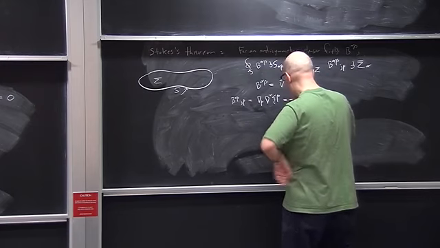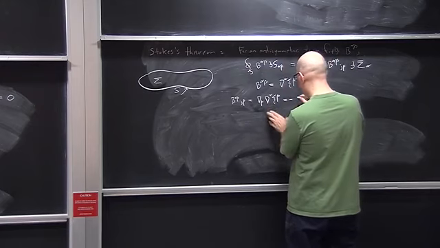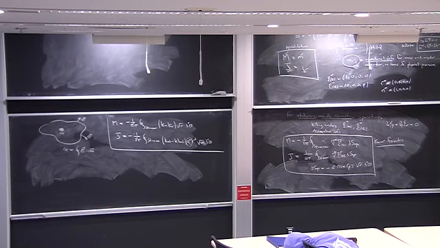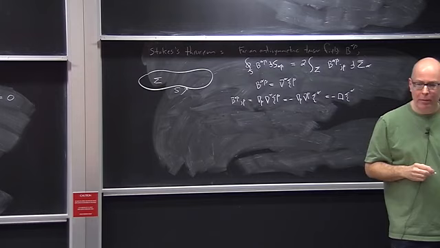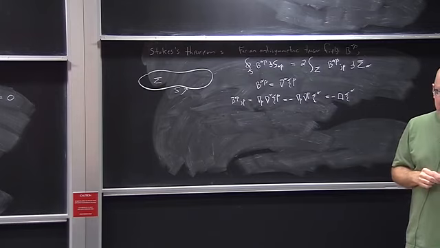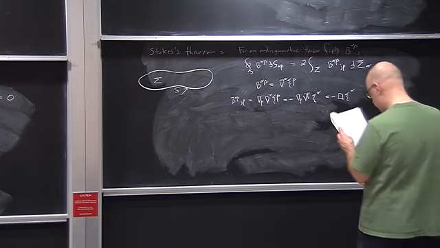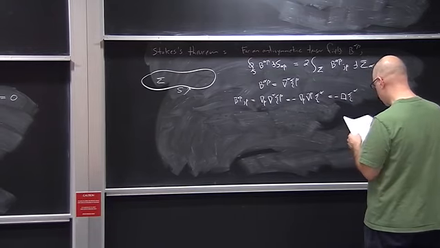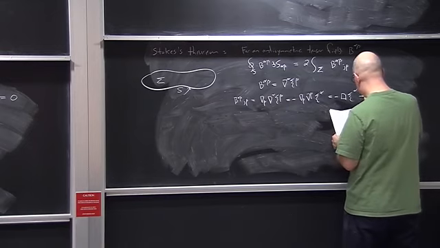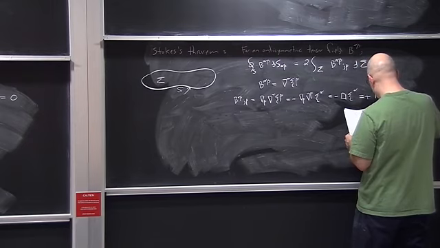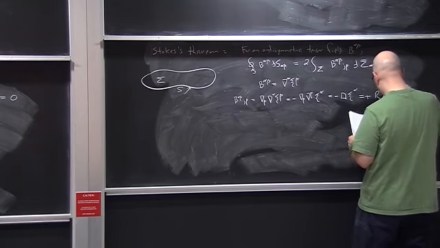I can change the ordering of indices here. So this is going to be the wave operator acting on my Killing vector. And that's something I hope you remember from your first homework assignment, something that can be expressed in terms of the Ricci tensor. So just to make sure that I have the signs right, this is equal to plus. We cancel out this minus sign, and we get the Ricci tensor multiplying the Killing vector back.